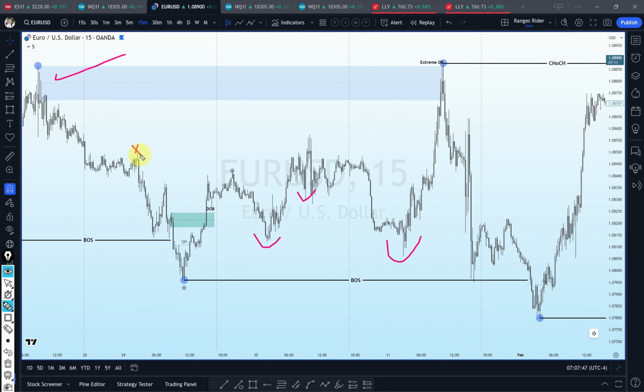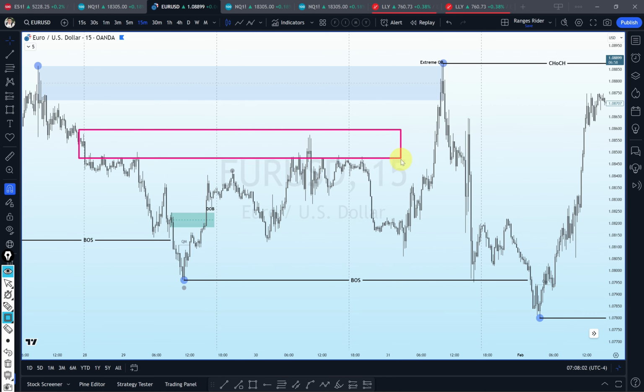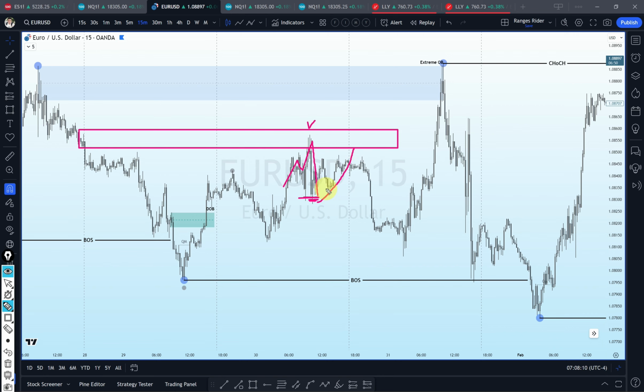And we will not mark any kind of bearish order block here. Even if you want to mark, remember that they are just the SMT. And what we can do, let's say we mark somewhere here and the price comes down. So we know that this is SMT, we are looking for long.